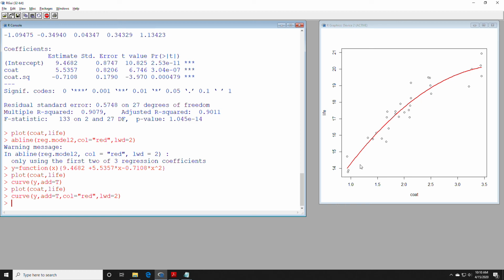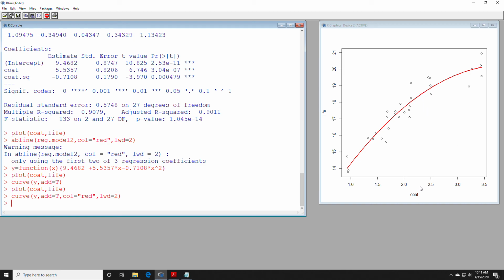Our regression equation still only includes one predictor variable, but we have both its linear and squared term, such that, for example, if I wanted to predict the lifetime of a wire that had 2.5 millimeters of coding, it's the same as simple linear regression. You go up to the line, and this must be my prediction, right about 19, a little less than 19, or 18 and a half, somewhere in there.